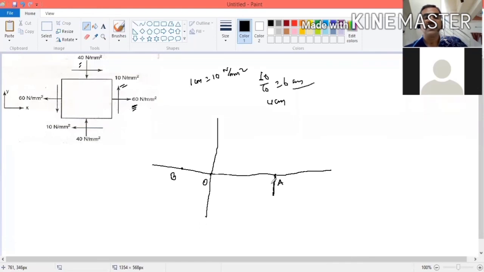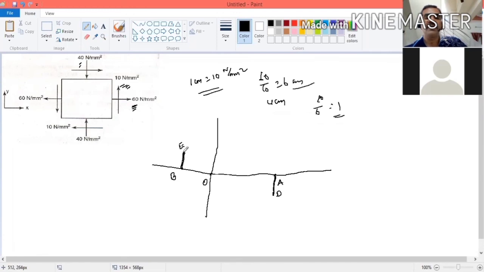You take 1 centimeter, because we take 1 centimeter is equal to 10 Newton per millimeter square. So 10 by 10, it is 1 centimeter. You take 1 centimeter downward direction. Here 1 centimeter upward direction. Now you join, this point is D. This point is E.